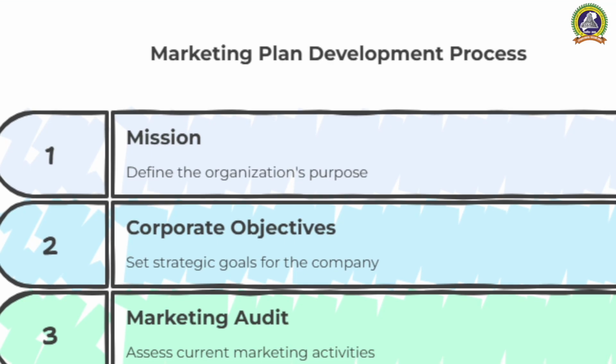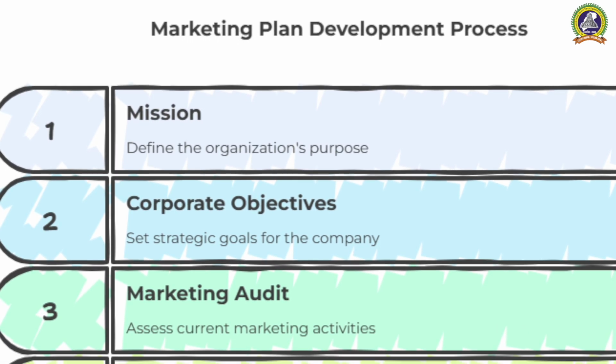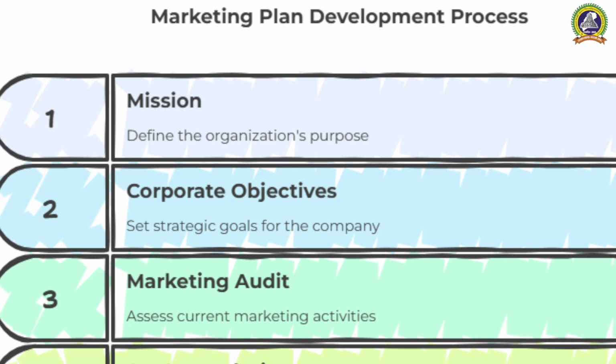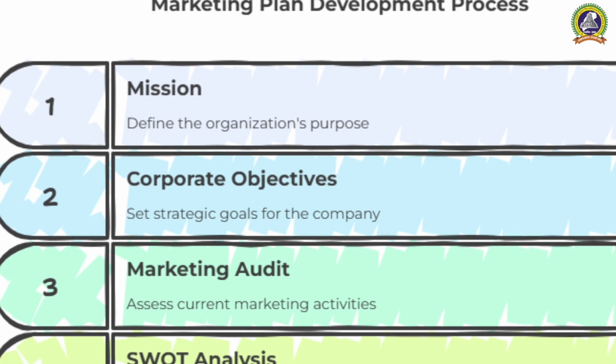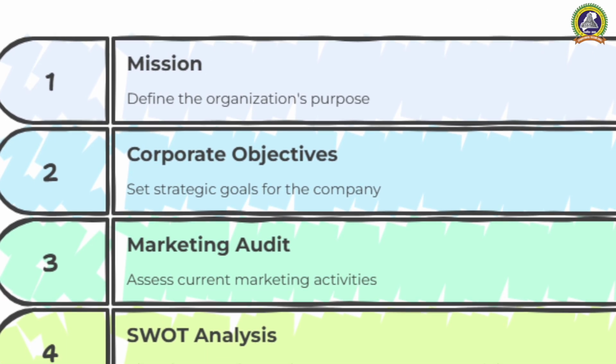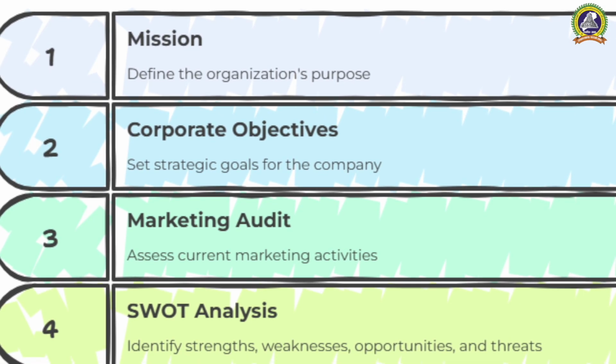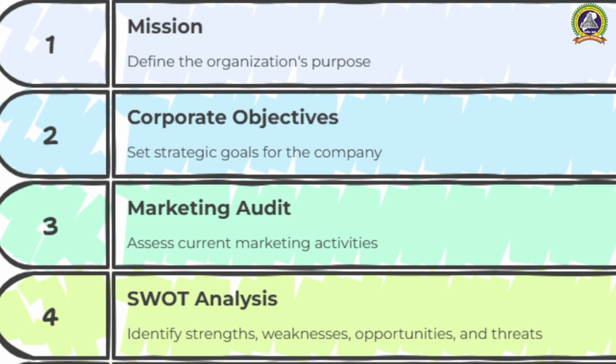Let's quickly recap this entire 11-step planning process, which, as we have seen, forms a logical and comprehensive journey. It begins at the very top with the mission, which defines our why, and the corporate objectives, which outline what we aim to achieve.